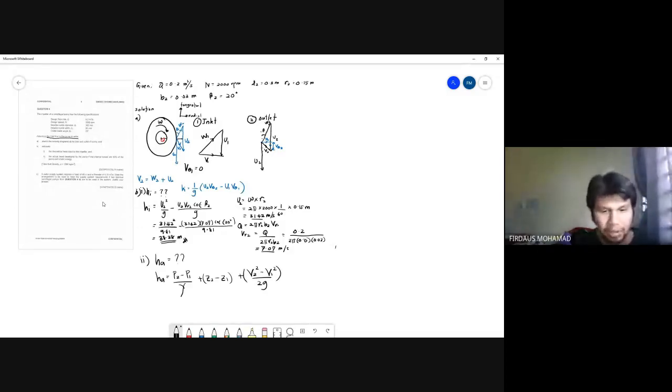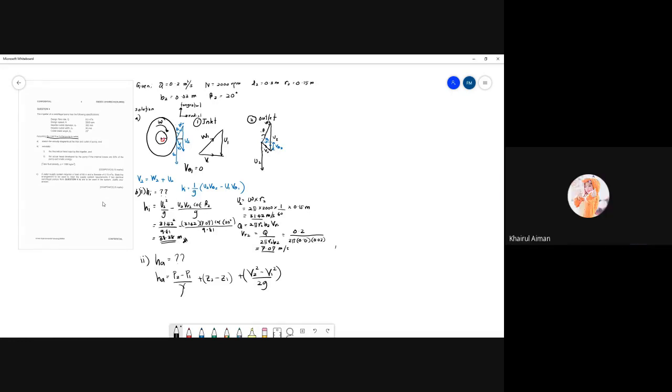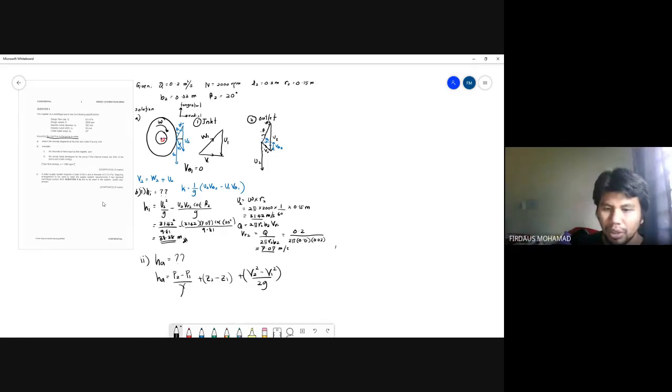Okay, so now question B2, only consider internal losses 50% of the pump exit kinetic energy. Okay, so V2 squared over 2G ni apa? Rumus untuk apa? Bernoulli je. Tak ni, V2 squared over 2G.